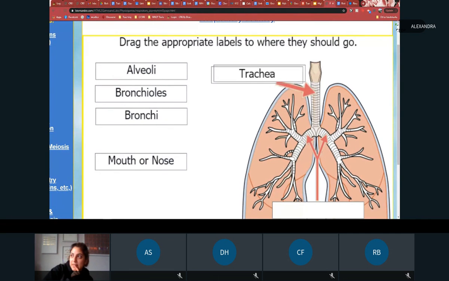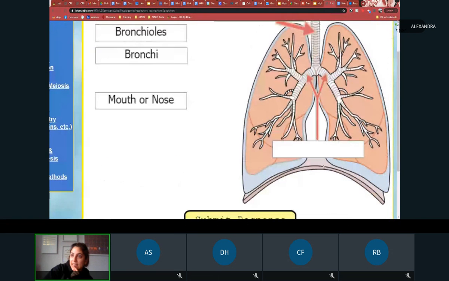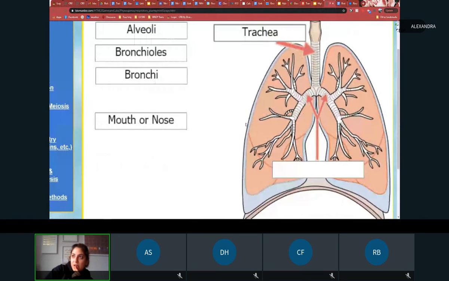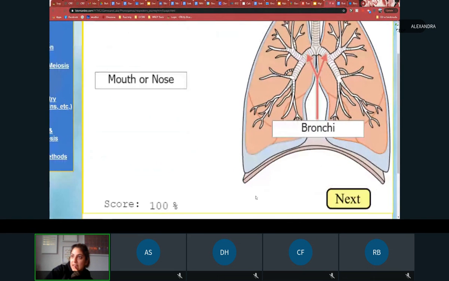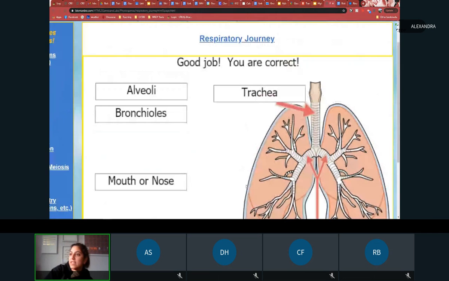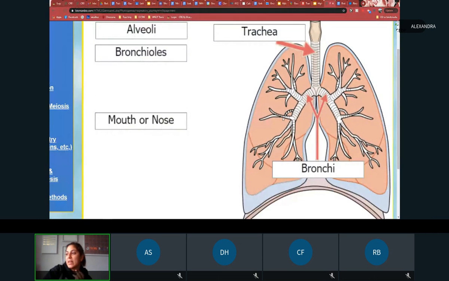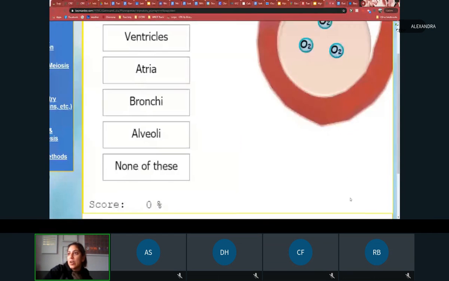There we go. Oh, and what's this? I didn't see that. The bronchi. All right. Nice. Yep, that's awesome. Remember the bronchi or bronchial tubes, and the bronchioles are those specific branches.